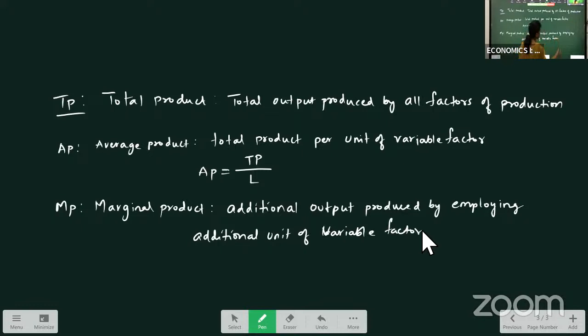Marginal is nothing but additional, as we have discussed in diminishing marginal utility. Marginal product means the additional product which is produced by employing an additional unit of a variable factor.